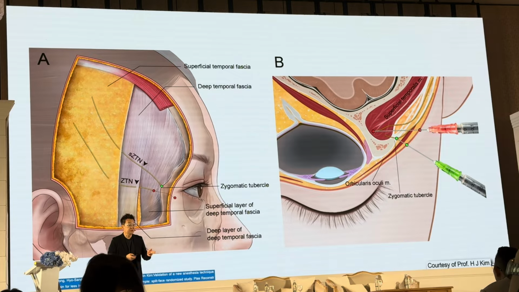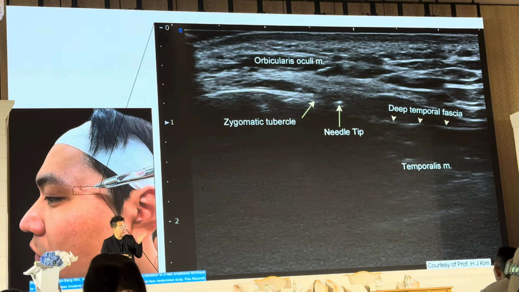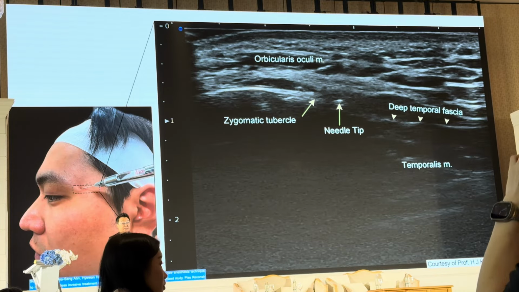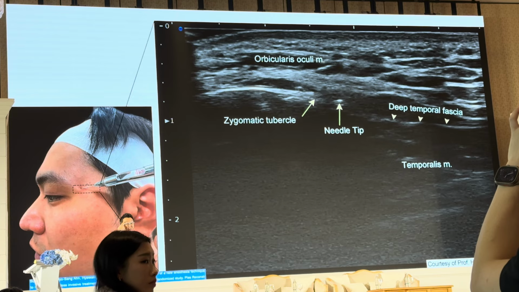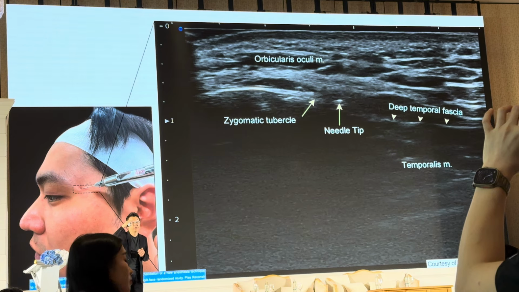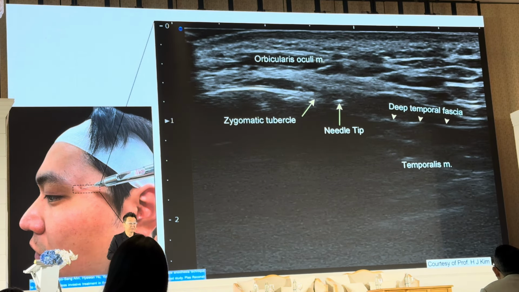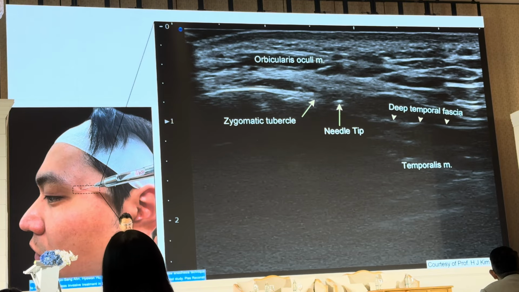This is one of the research methods. Under ultrasonography, you can see the needle tip just behind the orbital rim, deep to the muscles, just above the deep temporal fascia attachment site. Very simple, and the depth is only 4 millimeters.